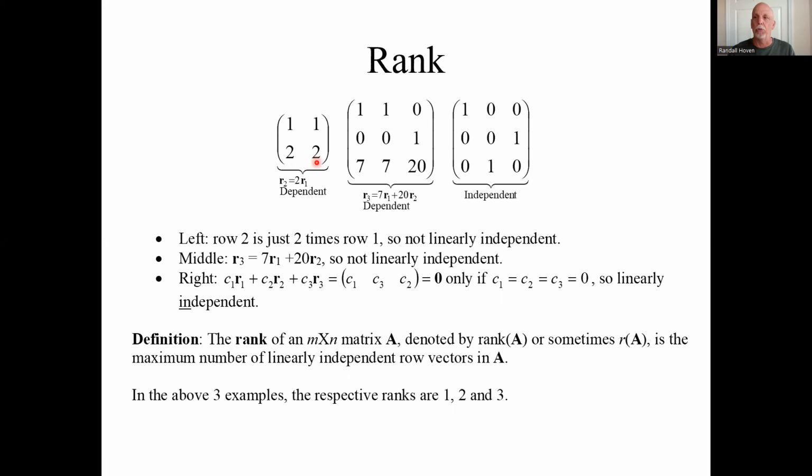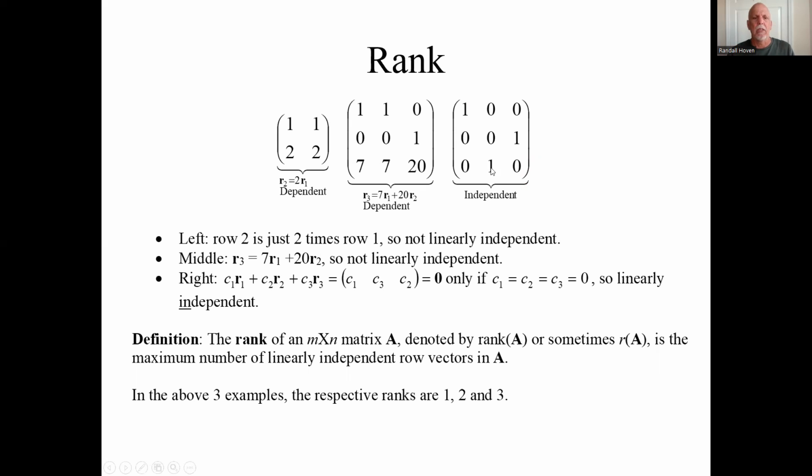This one's obvious. Row 2 is just twice row 1. They're not linearly independent. In this case, I can come up with row 3 as 7 times row 1 plus 20 times row 2. They're dependent.